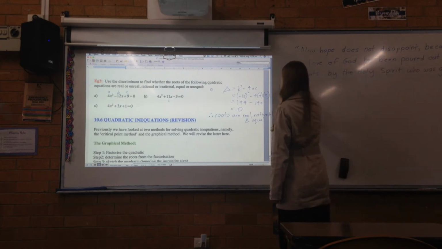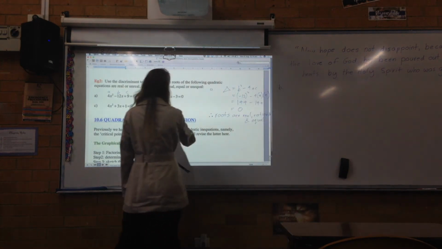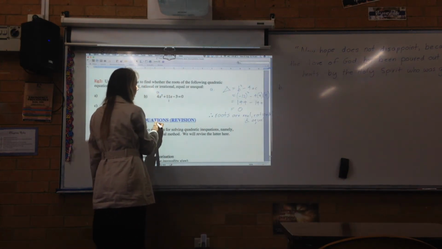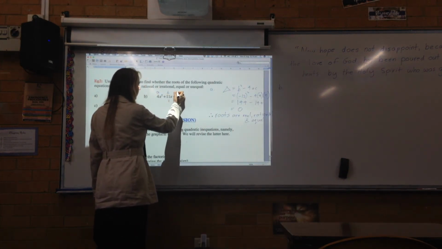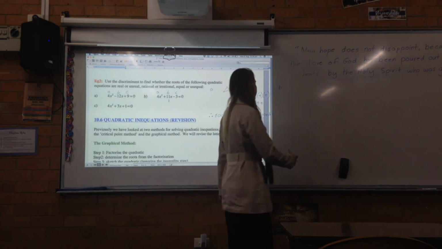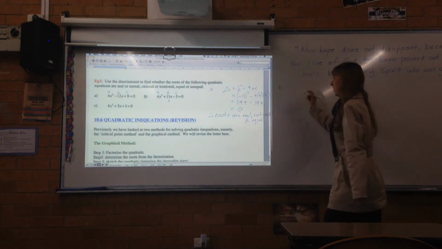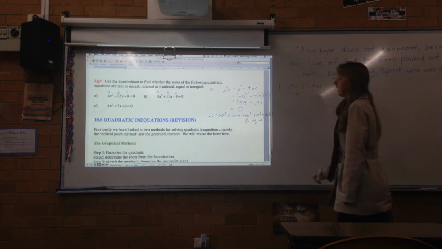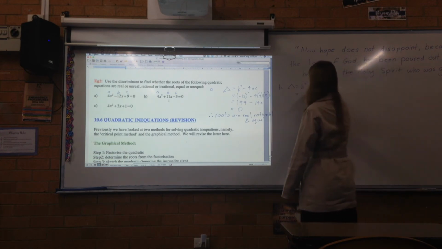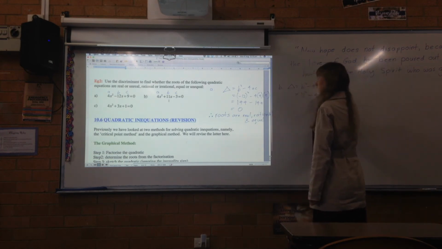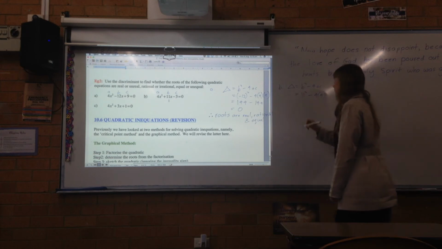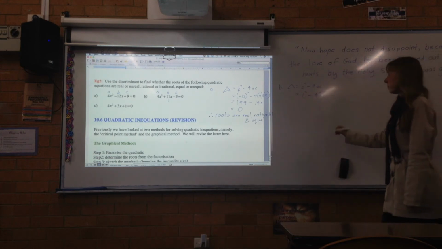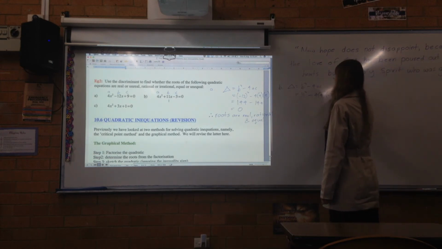Let's do part B, so our A is 4, B is 11, C is negative 3. So, discriminant equals B squared minus 4AC. In this case, B is 11, so 11 squared minus 4 times A is 4, times negative 3.